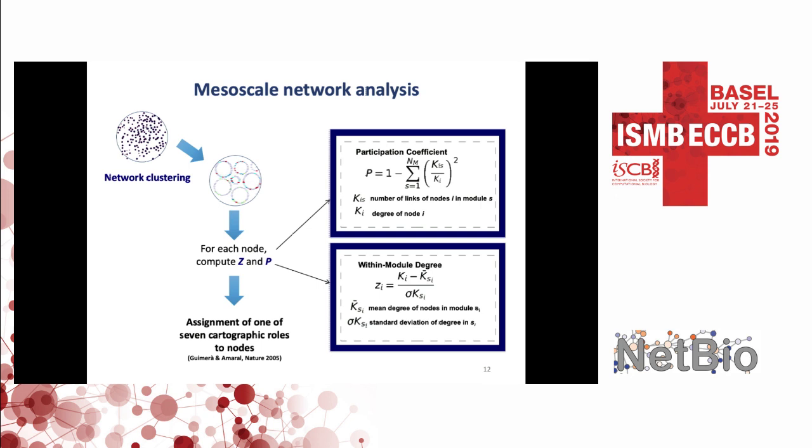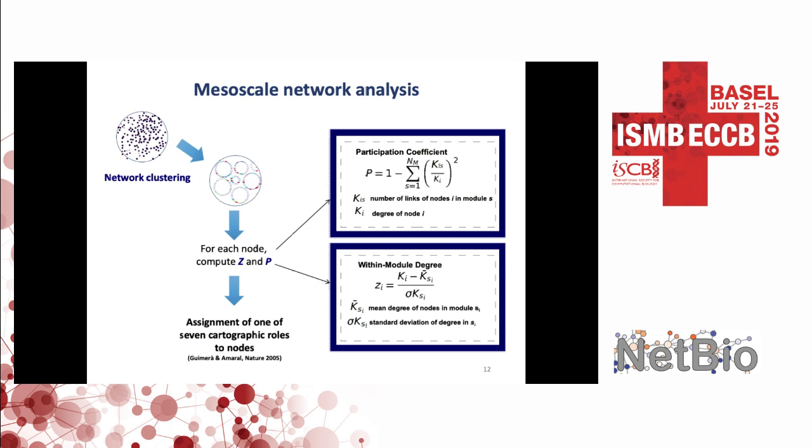After obtaining the clusters, for each node in the network, we compute two parameters. One is the participation coefficient that measures the fraction of edges that the node projects to other modules within the network, and the other is the within module degree that normalizes the degree of the node compared to the degree of the nodes that belong to the same module.